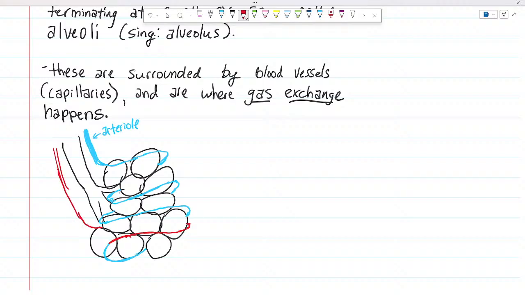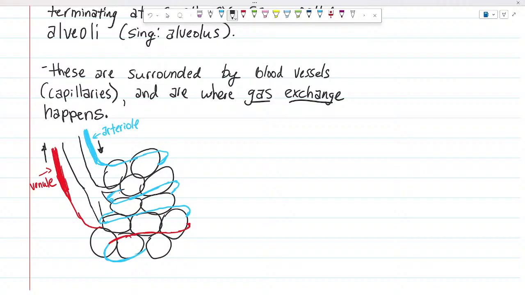And then they're going to branch off and end up in a venule going back to the heart. And keep in mind that the arterioles have blood flowing down into here, and the venule is going to send blood back to the heart. It's a branch of a vein.